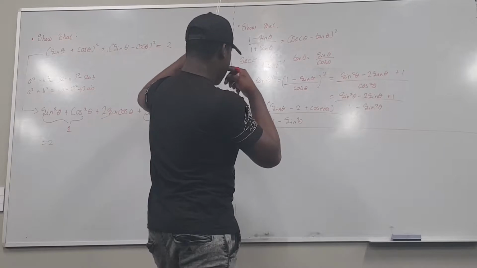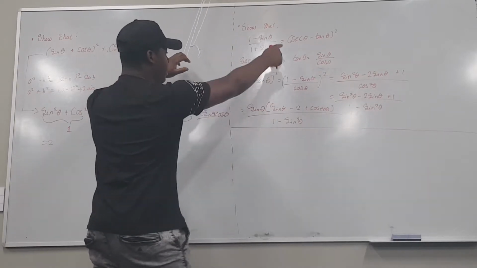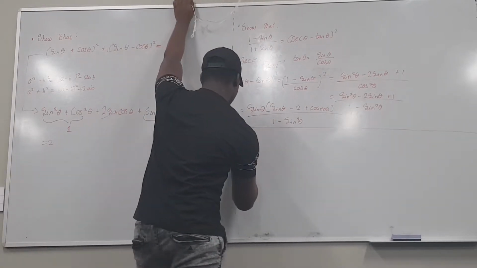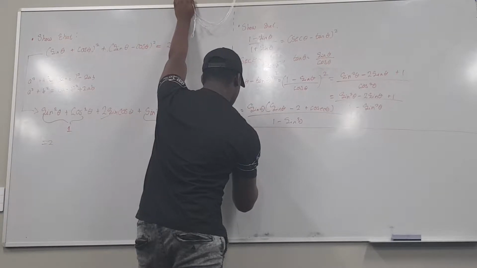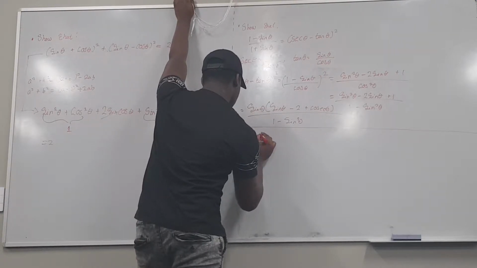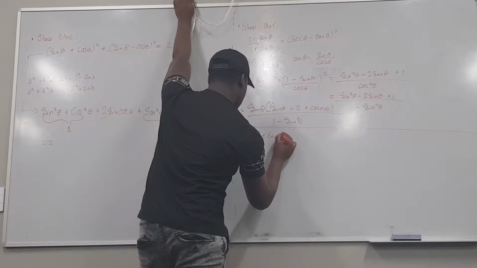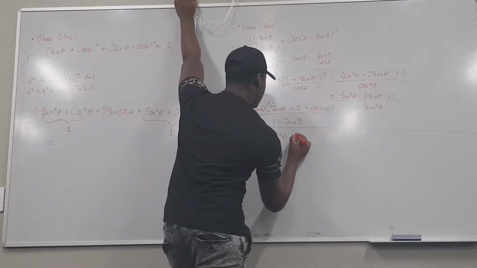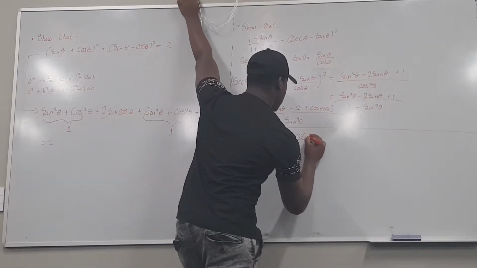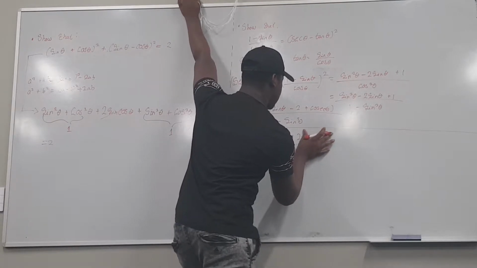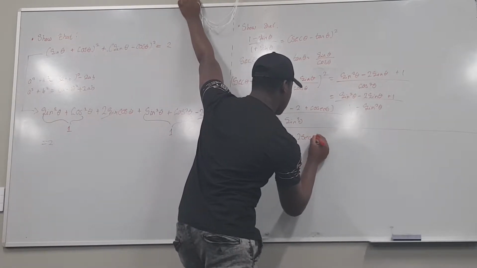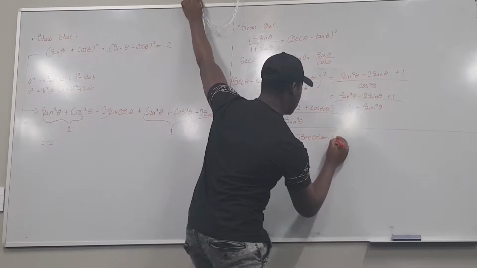Still doesn't work. But let's say we expanded that term, we would have sec squared theta plus tan squared theta minus 2 sec theta tan theta.